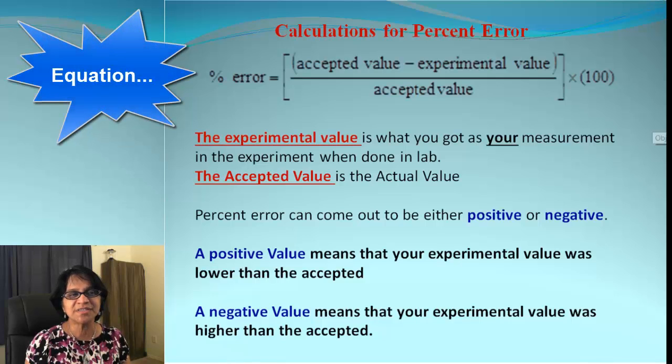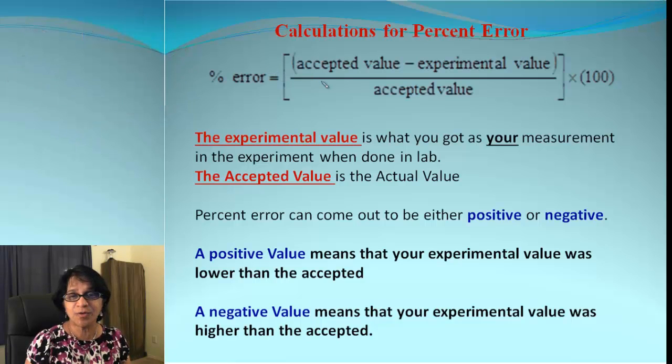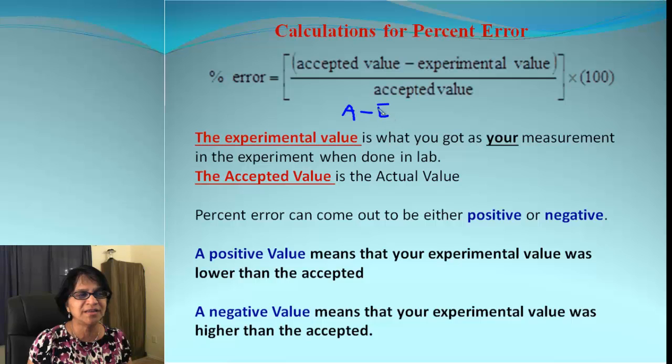Let's find out some calculations. So here is the formula for percent error. Percent error is equal to, what do we have in numerator? Accepted value or true value minus experimental value divided by accepted value times 100. And I'm going to put it simply as A minus E divided by A, and that times 100.